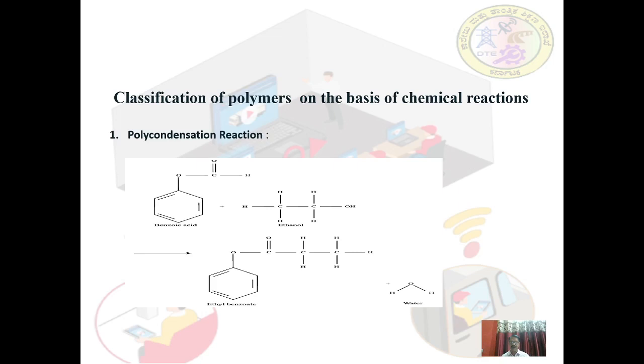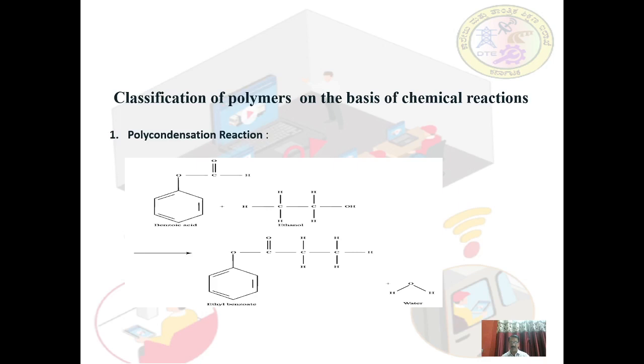In general, bifunctional monomers with different functional groups undergo such reactions. One common example of a condensation polymerization reaction is the esterification reaction.